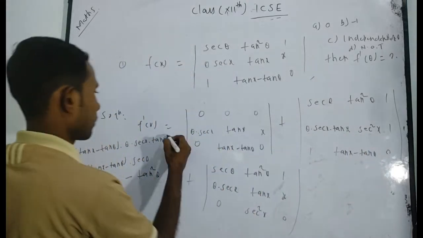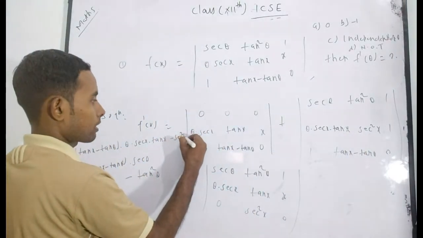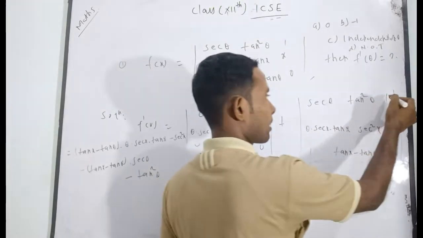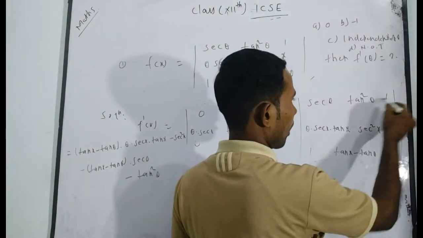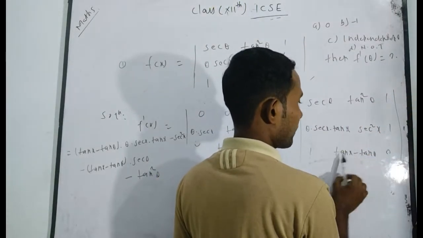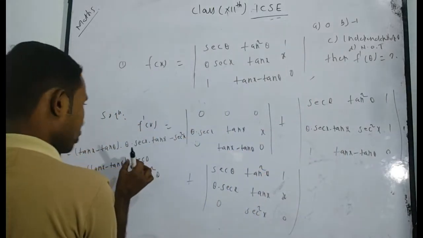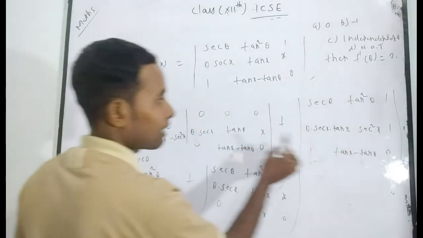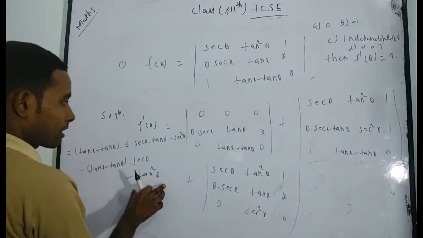There will also be sec square x. I have not written sec square x because if you expand along the third column, it will be cancelled. Its product will be tan x minus tan theta into theta into sec x into tan x, which I have written, and sec square x. This is correct. Similarly, this is correct.